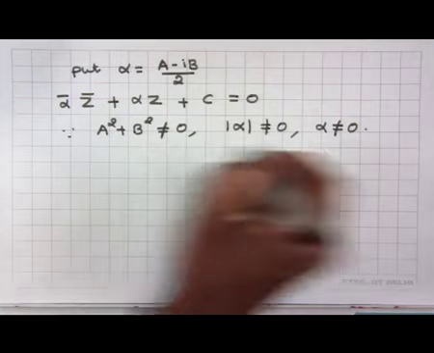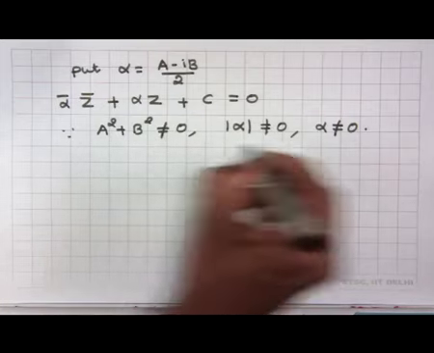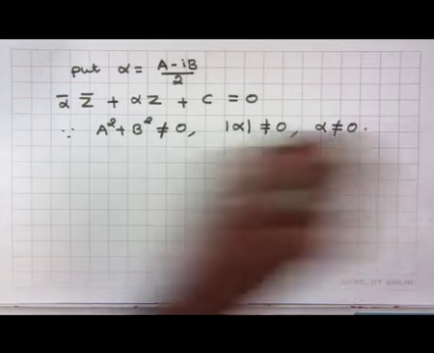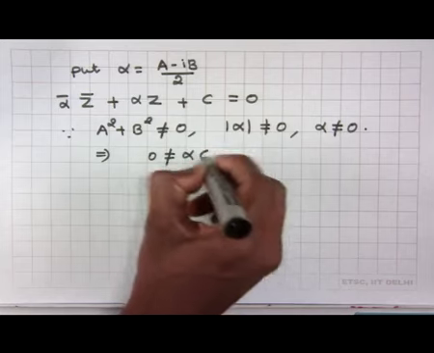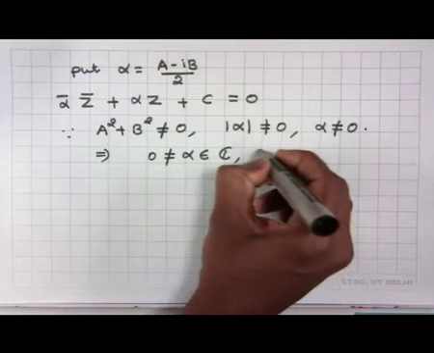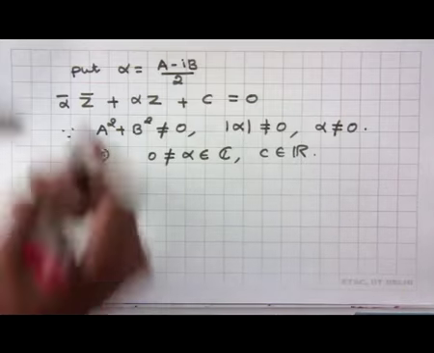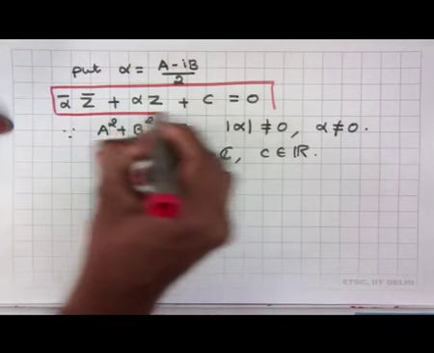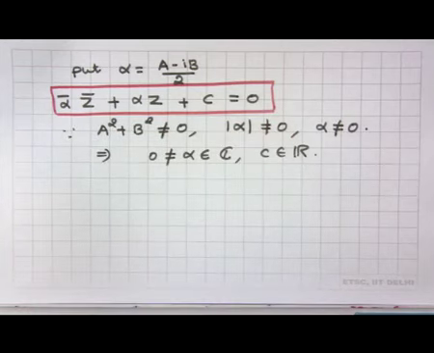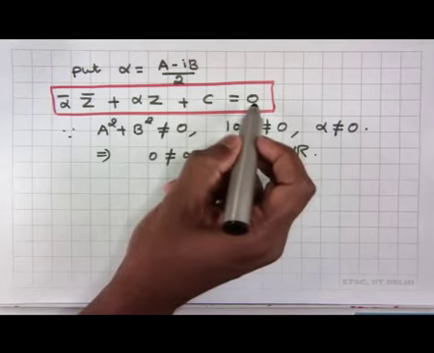Another observation is that c is real. So, if I summarize, alpha is a non-zero complex number and c is a real number. So, we get the following equation which describes the straight line in the complex plane.